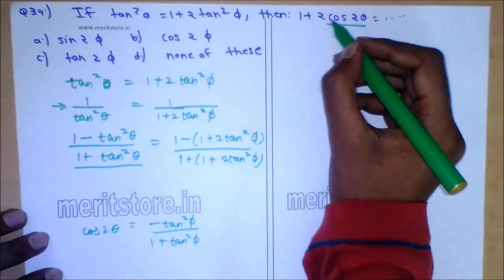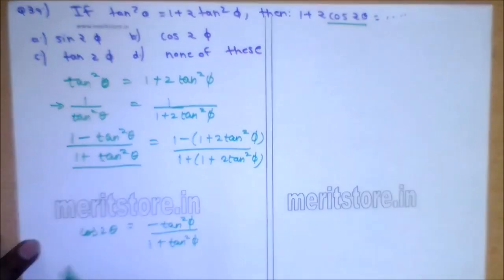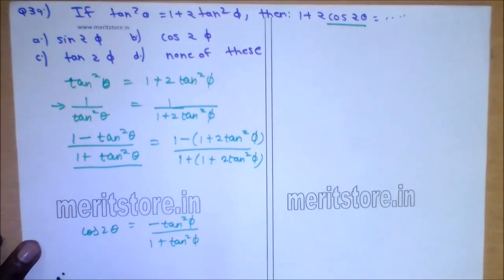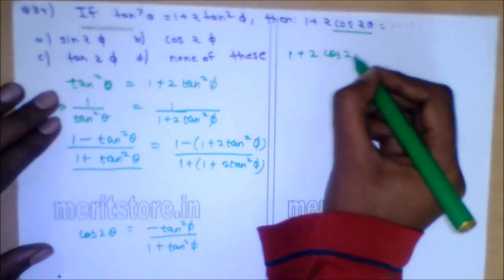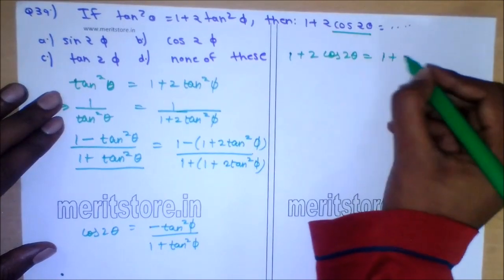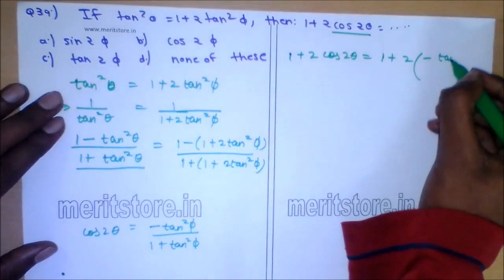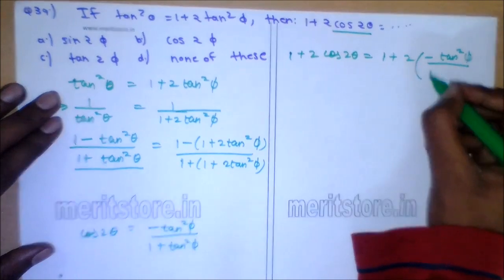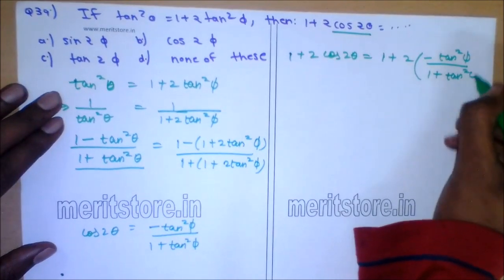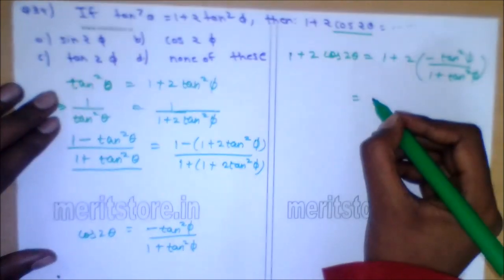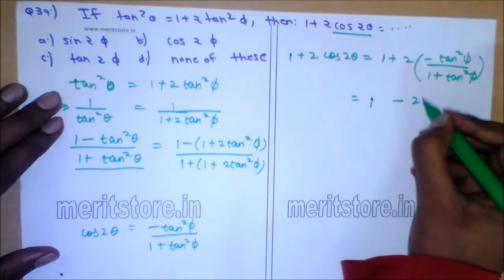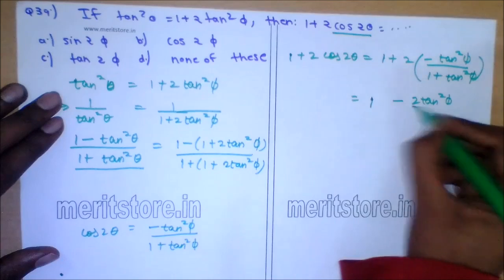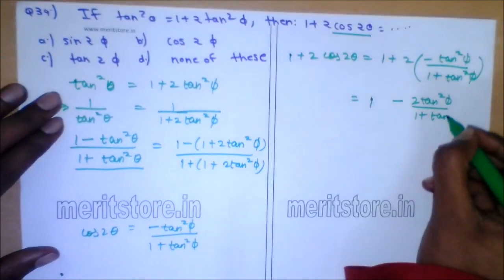So we modify the equation accordingly. So 1 plus 2 times cos 2 theta is 1 plus 2 times minus tan square phi upon 1 plus tan square phi. That is 1 minus 2 tan square phi upon 1 plus tan square phi.